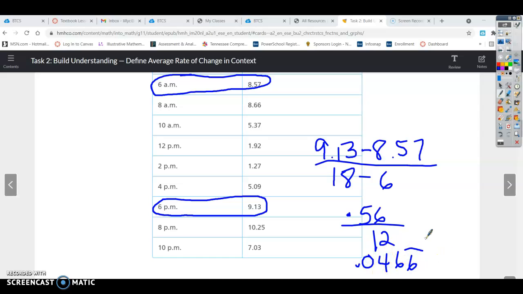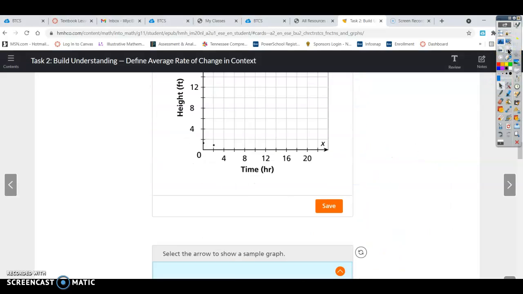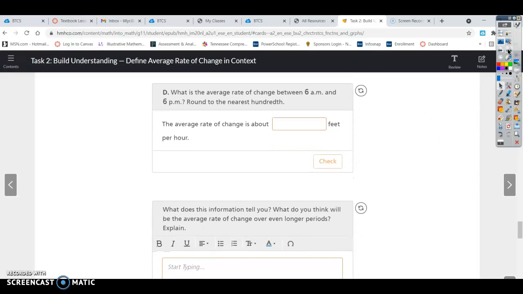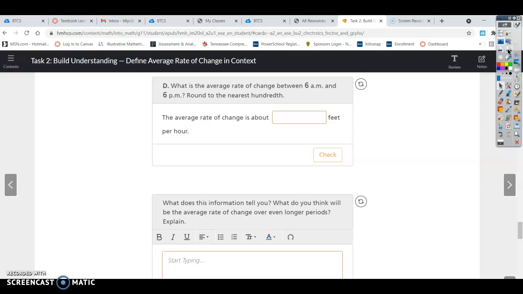All right. Now let's go back and see what the question says. All right, round to the nearest hundredth. Okay, so we round to 2 decimal places. So we are going to put this in as 0.05.